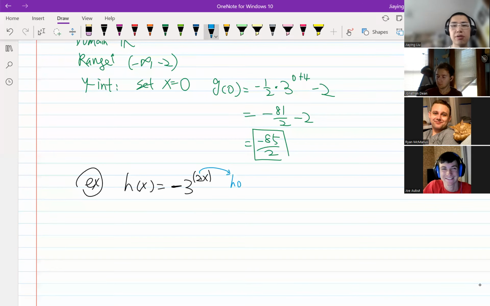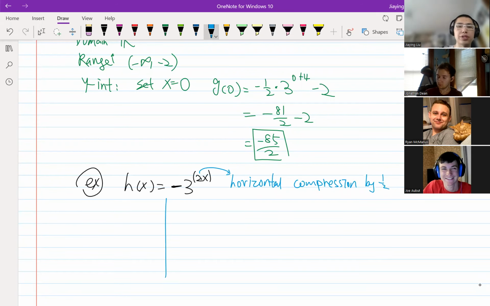So this is going to be horizontal compression by 1/2. Suppose we still had that graph with this horizontal asymptote. I should move it up a little bit to show the difference.